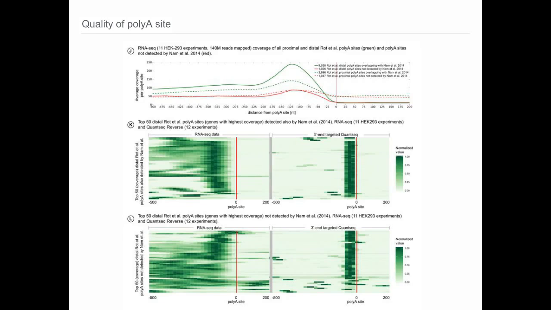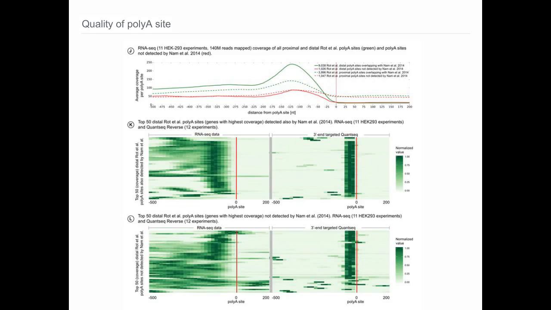On this graph upstream, you see on the top, in this green line, there is a drop in coverage just before the cleavage site. And this is true for the polyA sites detected by us and other studies, and also, to a little bit lesser extent, for novel polyA sites that we detect here in red.